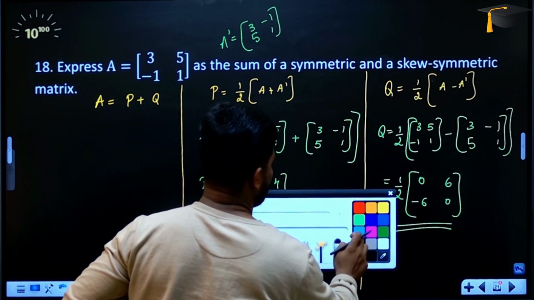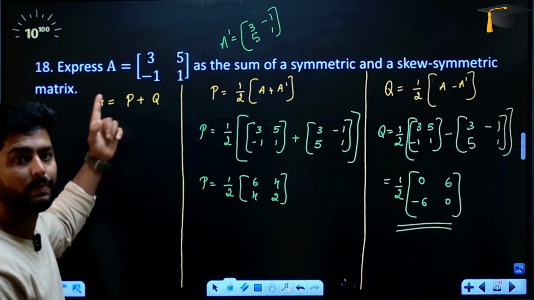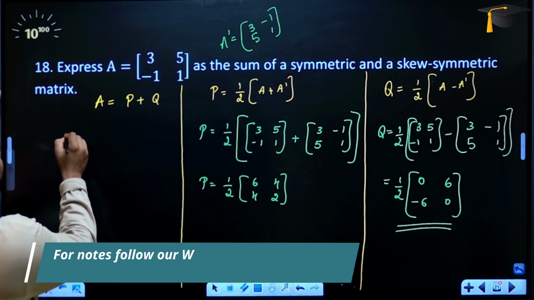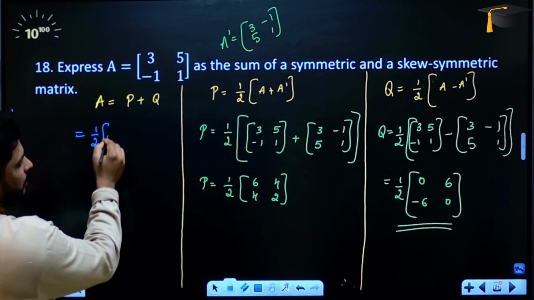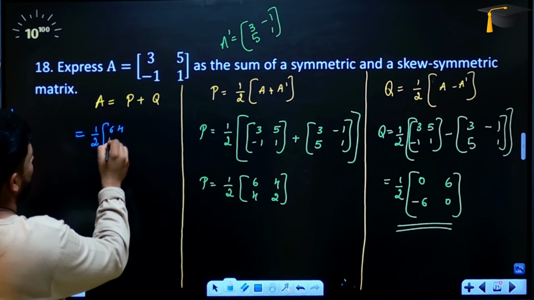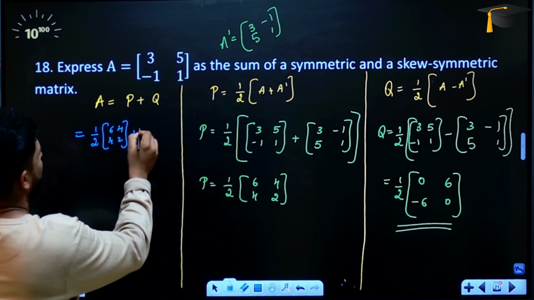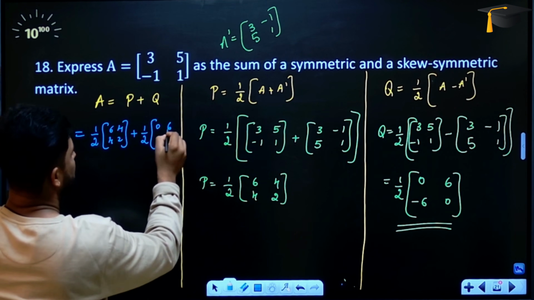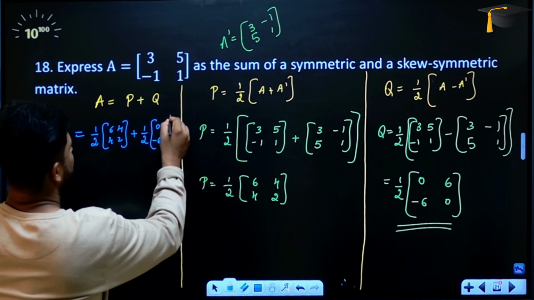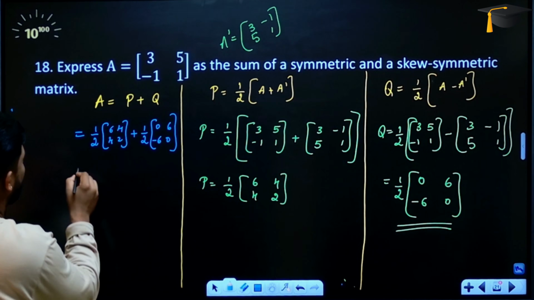Okay, so finally what you have to do is, we have already taken A is equal to P plus Q, right? So now in place of P, just add half of 6, 4, 4, 2 plus half of 0, 6, minus 6, 0. Okay, so now take half common.